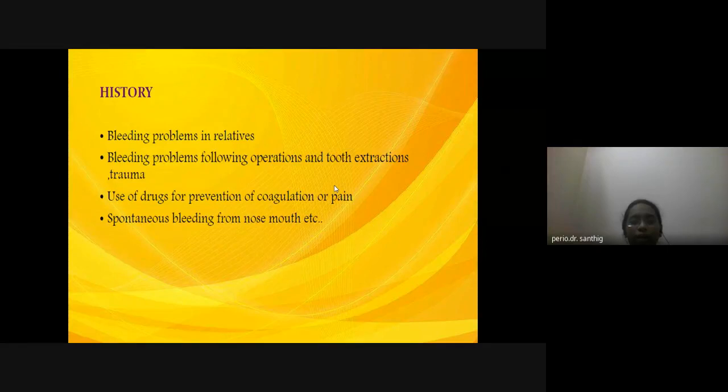So in history, what you'll ask is bleeding problems in relatives. So family history of bleeding problems, if at all it is present, you have to ask, and bleeding problems following operations and tooth extraction. So previously, if the patient has undergone any operations or tooth extractions or trauma, you have to ask about the history of bleeding after that.